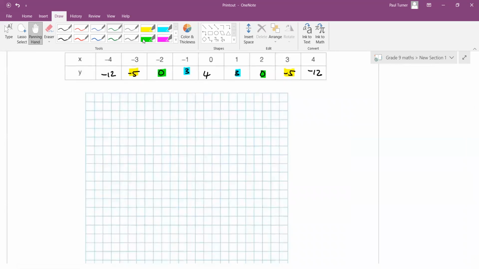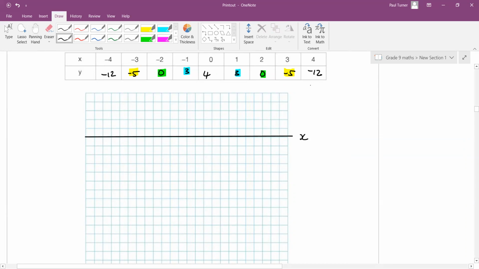So in this case, I think we want to have the axis near the top. So we'll do it about here. We'll use a pen. So near the top somewhere about there. Let's call that the x-axis.